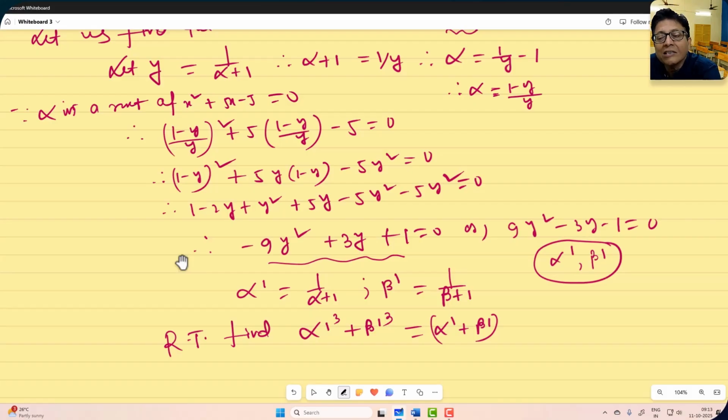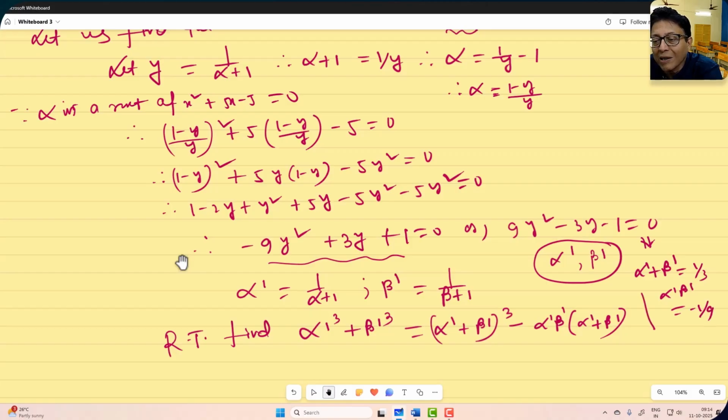But at this stage, if you want to find, you know from this equation, alpha dash plus beta dash equal to minus minus 3 by 9, that is 1/3, and alpha dash beta dash equal to minus 1 by 9.